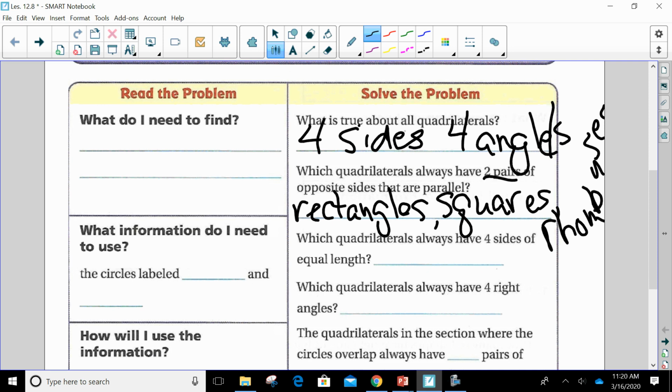Which quadrilateral always have 4 sides of equal length? Well, there's 2 of them, isn't there? There's the square and the rhombus. Right.